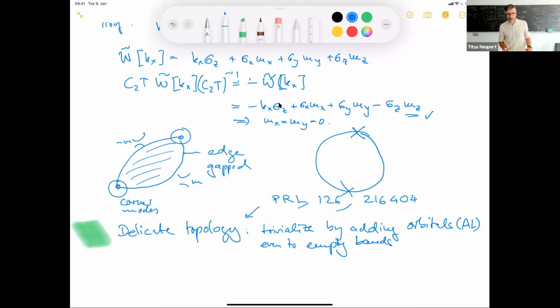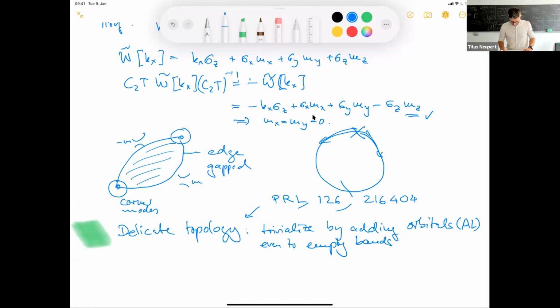The other thing is that these modes are not necessarily exponentially localized anymore. They could have an algebraic decay potentially along the edge. But in principle, the modes as a spectrum are still there, and in the thermodynamic limit they'll be degenerate by C2T. Thanks.